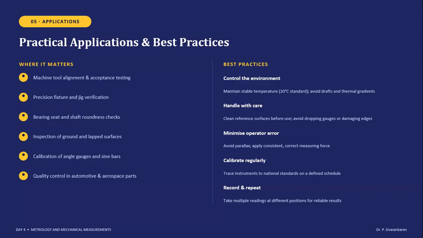Clean reference surfaces before measurement and handle precision instruments carefully. Minimize operator errors by avoiding parallax and applying consistent measuring force. Ensure that the measuring instruments are calibrated regularly and traceable to appropriate national standards. Finally, record measurements systematically and take multiple readings at different positions whenever required. Repeatability and consistency are essential characteristics of good measurement practice.